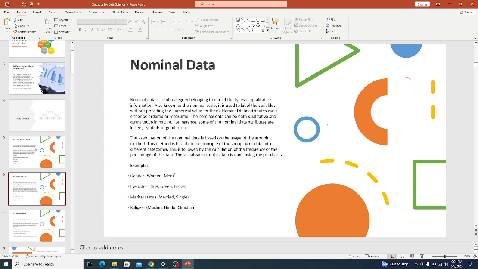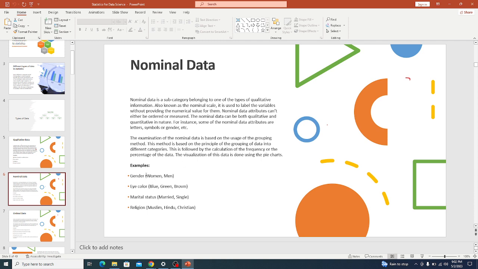As we have said, it is used to label variables, without providing a numerical value.